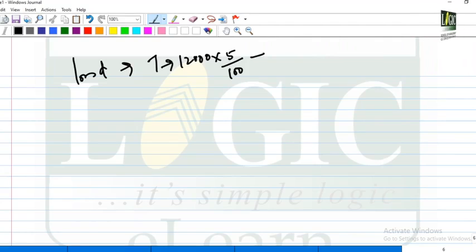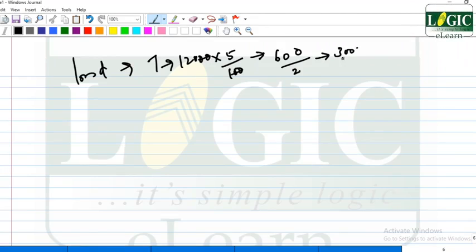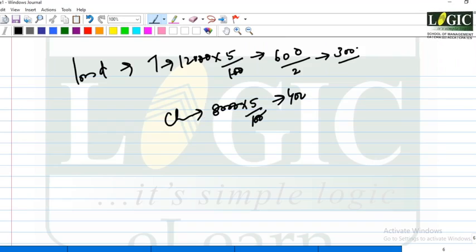So for one year, 600 rupees would have been payable; it is to be hypothesized that it was withdrawn during the mid of the year. In which case it is 300. For the second partner, Chauhan, 8,000 into 5 by 100 is 400.